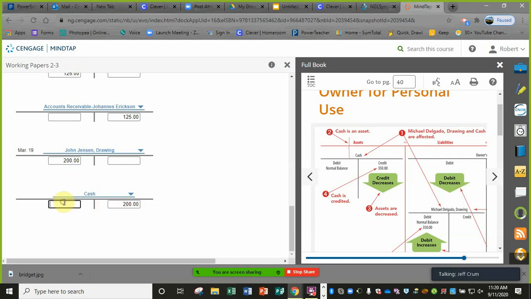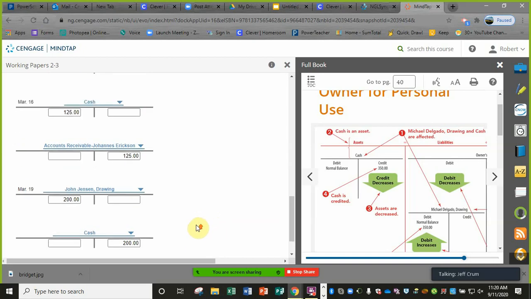I wonder if these turn red if I got them in the wrong spot. Some of them turn red when they're wrong, and some of them they're not. I wish there was more consistency. So there's the work together.